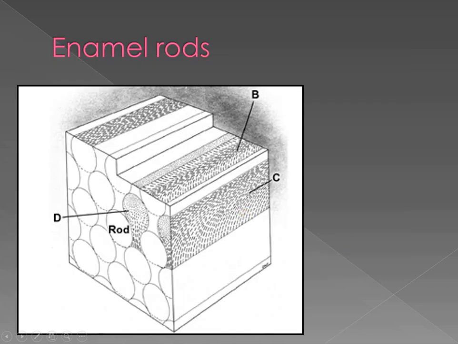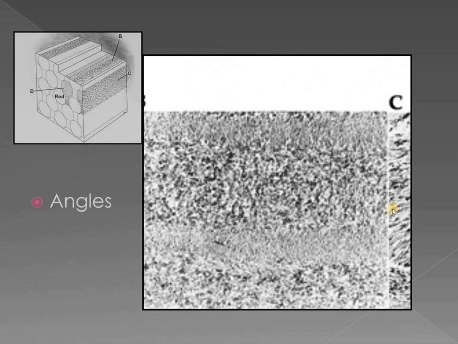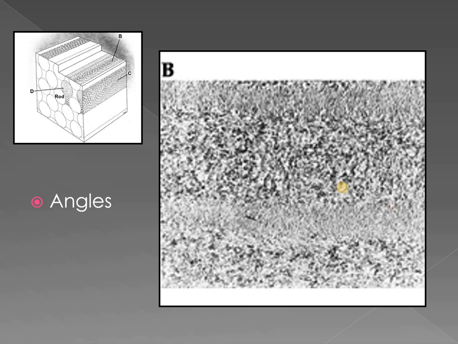Let's have a look at the enamel rod pattern. If you look at the cross section, you can appreciate the keyhole pattern. When we section it in sagittal, coronal, and transverse sections, you can appreciate the direction of the enamel rods. Now, having a look at the B section, that is the longitudinal section, you can appreciate that the central portion of the enamel rod has horizontally oriented crystals, whereas the periphery, that is the inter-rod substance, is angulated at roughly 60 degrees.